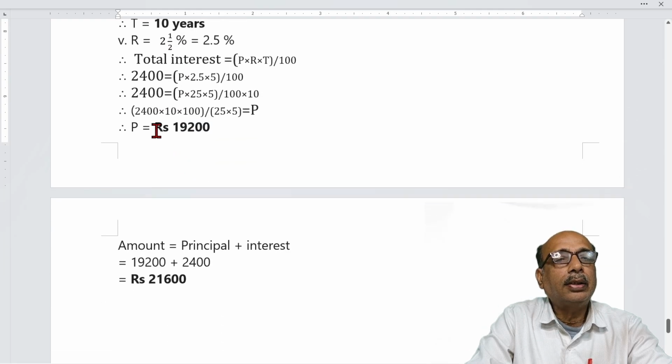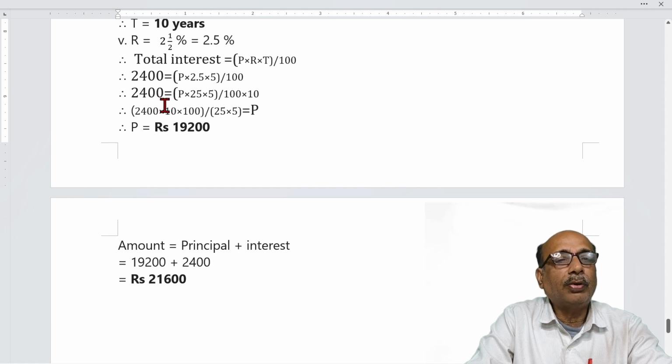Next, rate of interest is 2.5%. Total interest equals PRT upon 100. So interest is 2,400. P is to be calculated. R is given, 2.5. T is given, 5, upon 100.